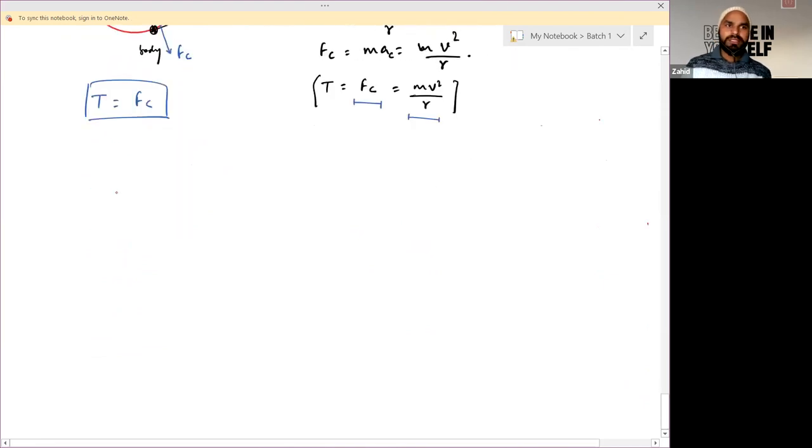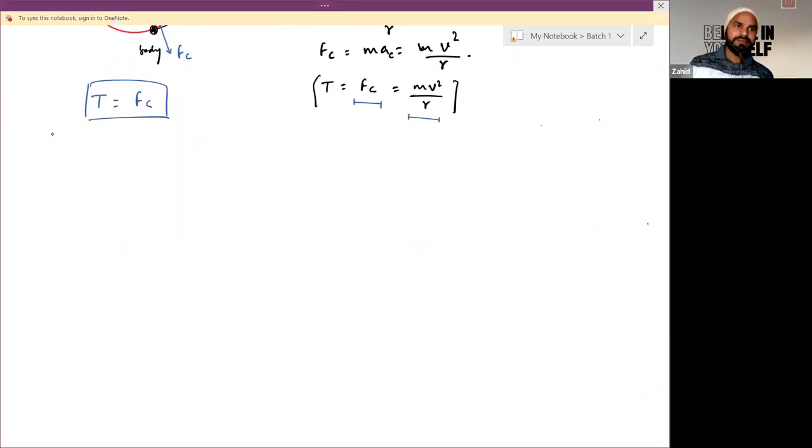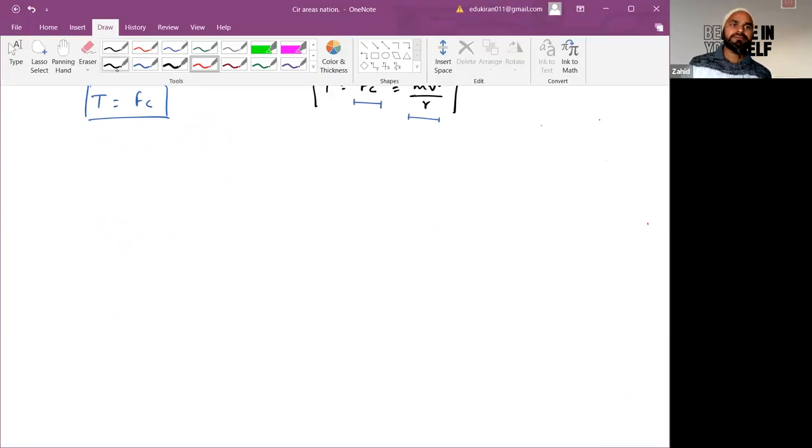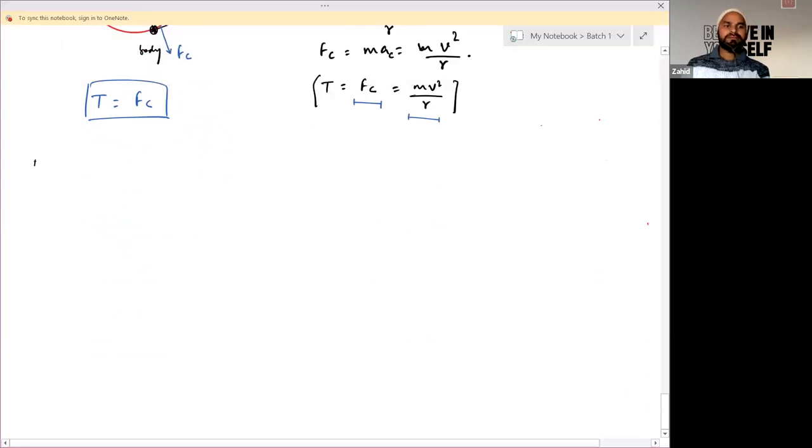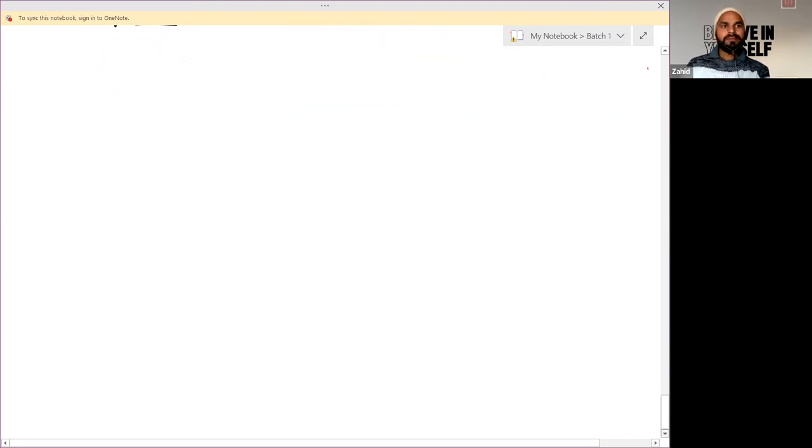Now, depending upon these terms, I'm defining first the banking of road. First, what do you mean by banking of road?